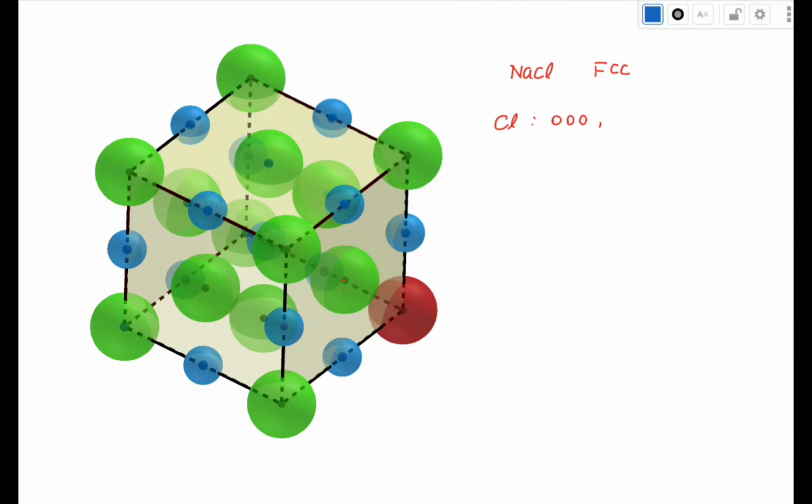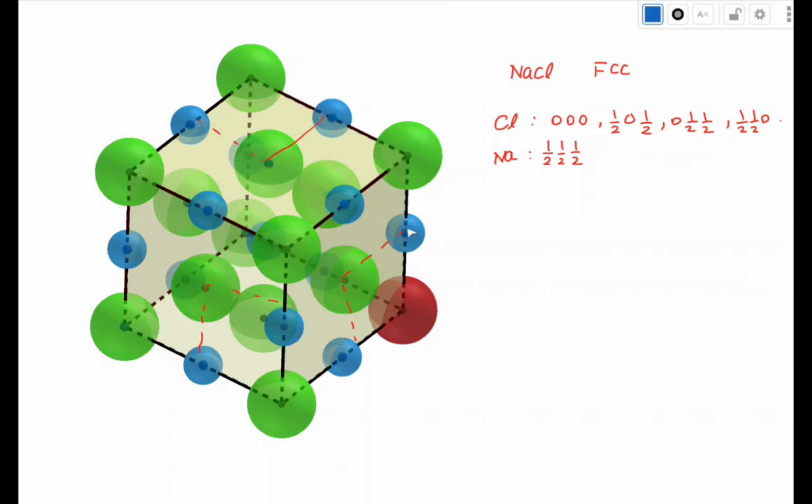This one here, in the YZ plane, is 0, half, half, and the last one, in the XY plane, is half, half, 0. Sodium, on the other hand, has the original position at half, half, half.